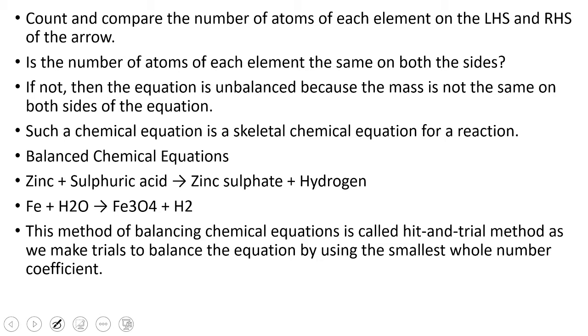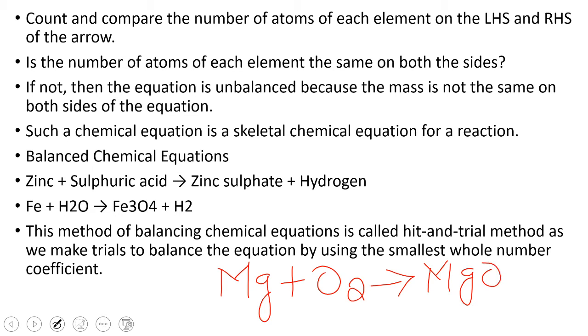So let's observe the example: magnesium plus oxygen gives rise to magnesium oxide. We have to count the number of atoms on the reactant side and product side. Here magnesium is 1 and oxygen is 2. Here magnesium 1 and oxygen 1. Total 2 atoms are there. But here total 3 atoms are there.